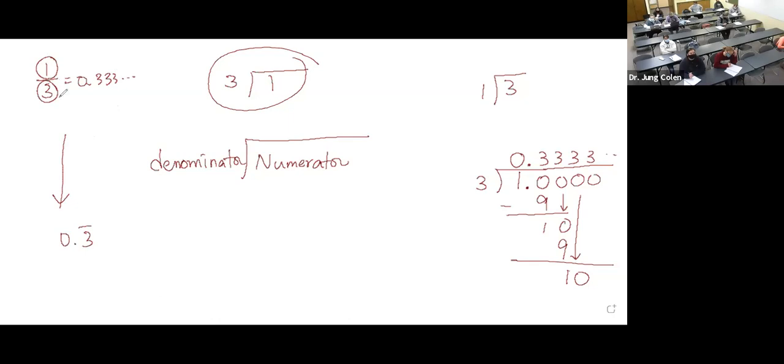And we can verify that by saying, yeah, the denominator is not 2 or 5. So we can use the repeating bar there. We're going to talk about that later too. But just remember that you're going to divide numerator by denominator, and you're not going to have any problems with that.